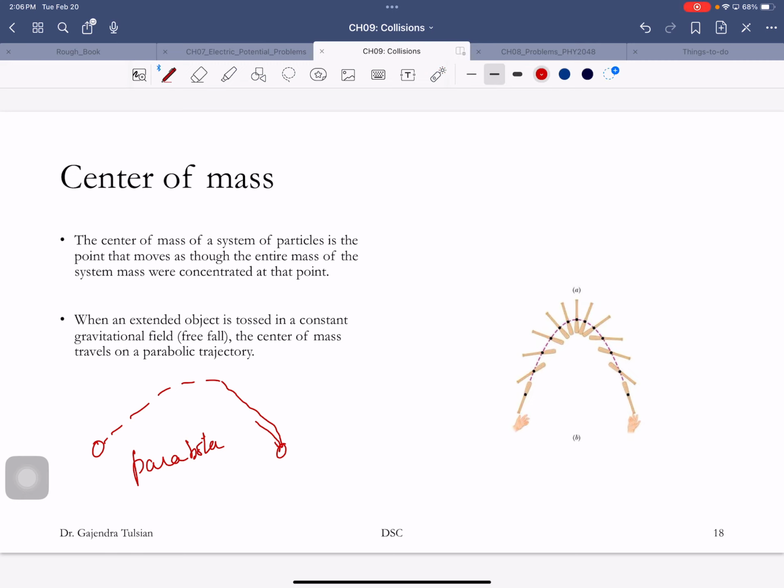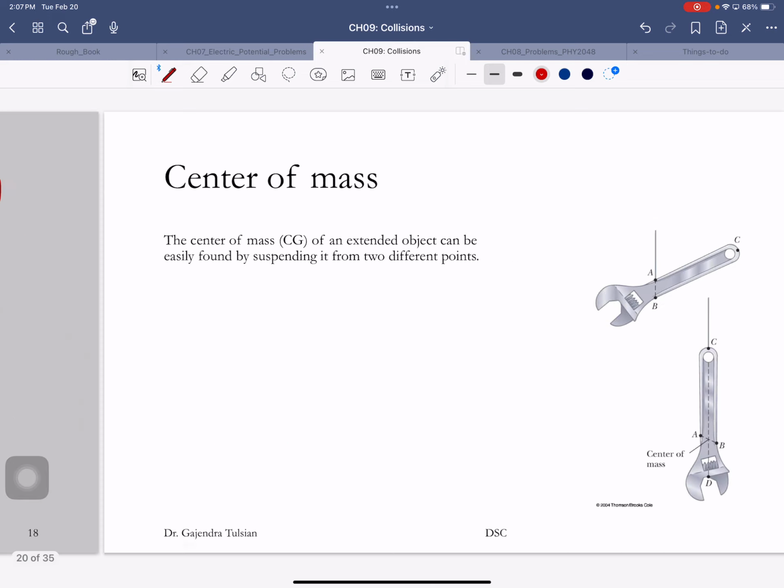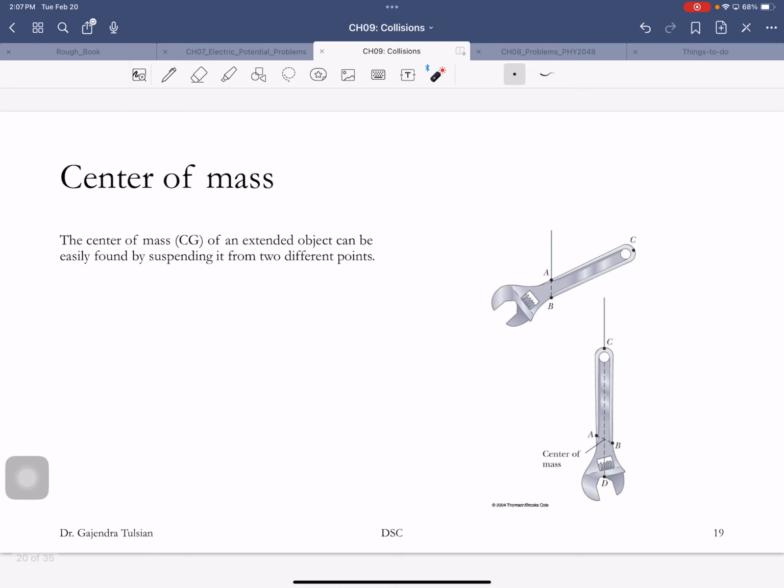Of course, for a uniform square object, the center of mass is there. For a bowling ball, the center of mass is at its geometric center. And so on. Now, if you wanted to find the center of mass for an object like this, you hang it from one point, and the center of mass is somewhere on that line.